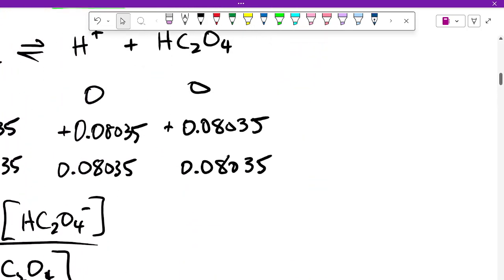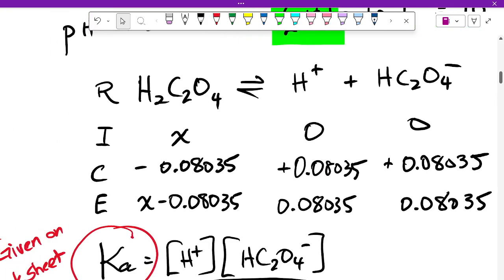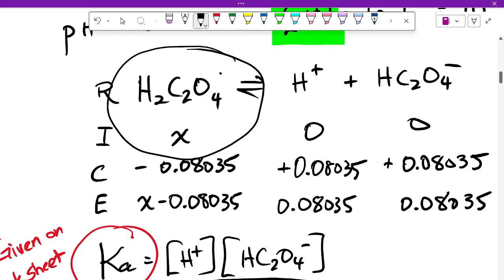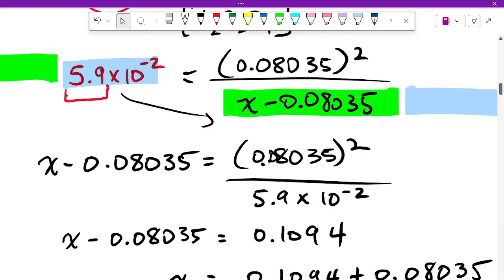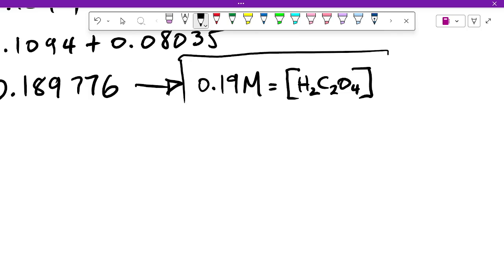We solved for x. What is x? It is the concentration of H2C2O4. Yes? And that, my friends, is our final answer.